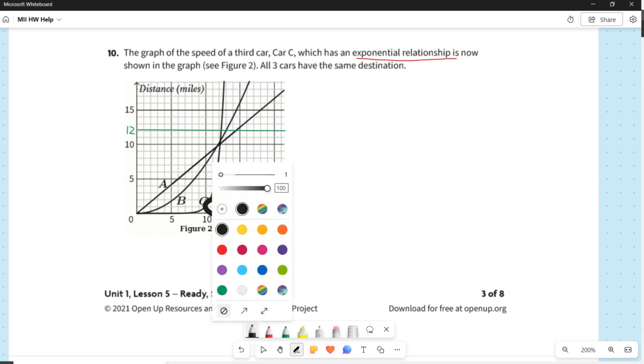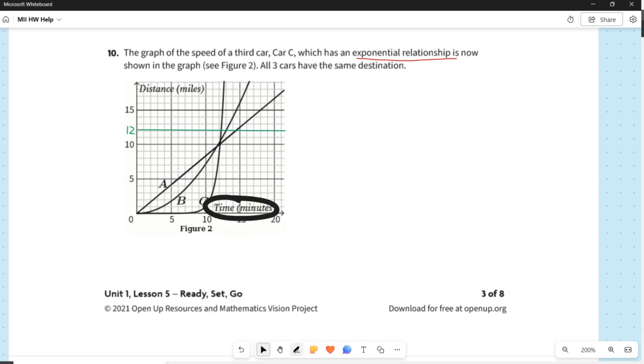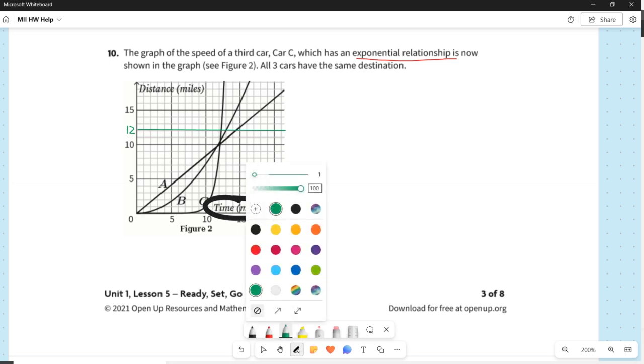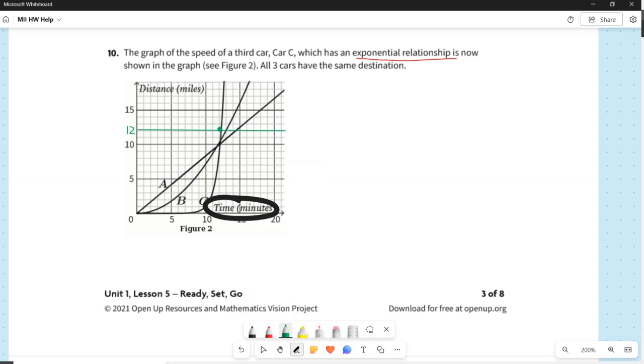So our x-axis is telling us how long it takes these cars to go a certain distance. What I see here is an intersection there, an intersection there, and an intersection there, right?